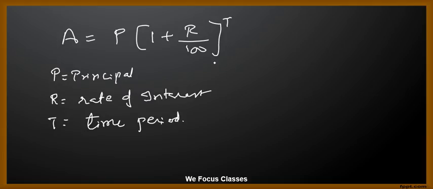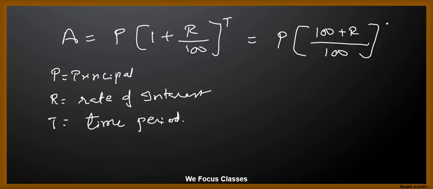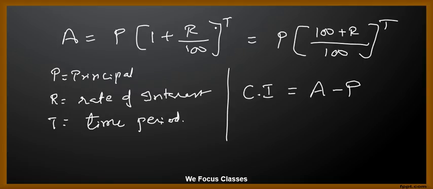Okay. Now this can also be written as P into, if I take LCM, (100 plus R) by 100 whole power T. This is amount. If you want to find compound interest, it is nothing but A minus P, because amount is nothing but principal plus interest.